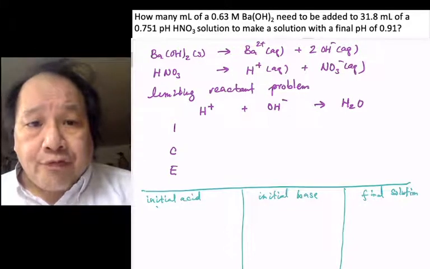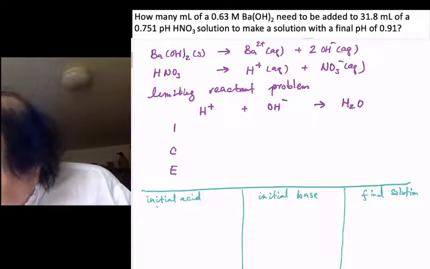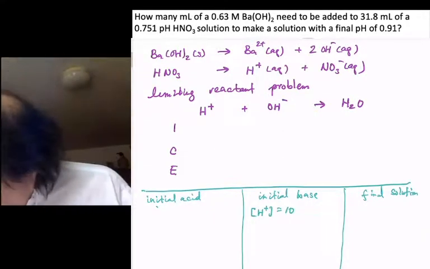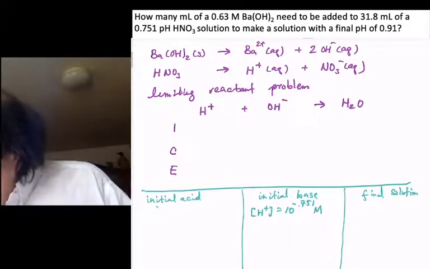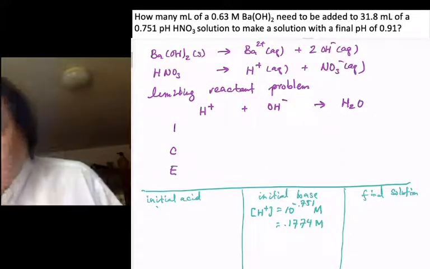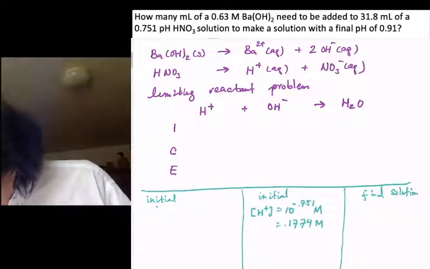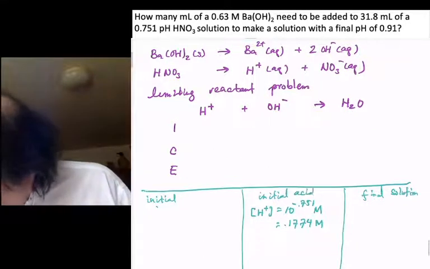Yes, we have both the volume and the pH of the acid, and so we know that the H+ concentration is 10 to the minus 0.751 molar, which is equal to 0.1774 molar. Ooh, sorry, I should change the words here. We know about the initial acid solution, so I'll write acid here, and I'll write base here.